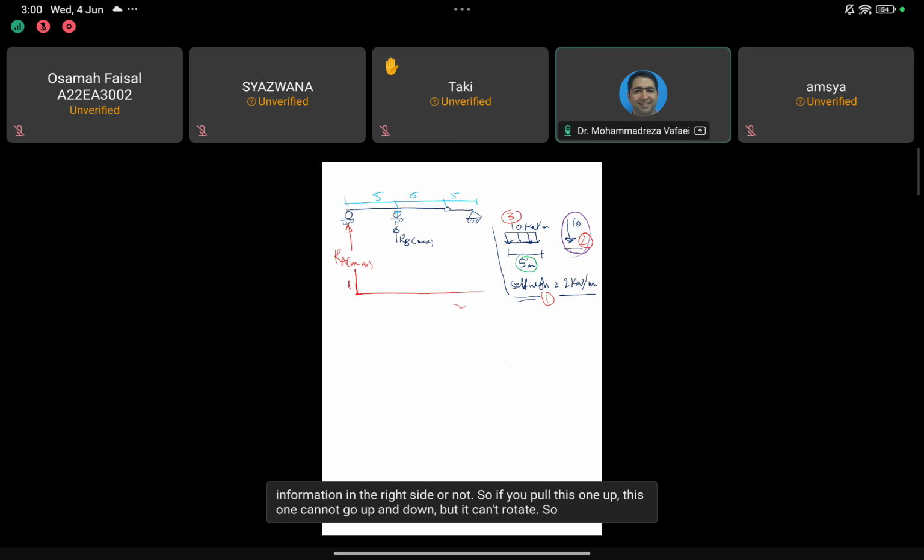It is allowed to rotate only if this portion also can rotate. Since there is a hinge over there, and we also have a pin support, if you pull this one up, this can go down. So basically we are going to have a deflection similar to what you see here.